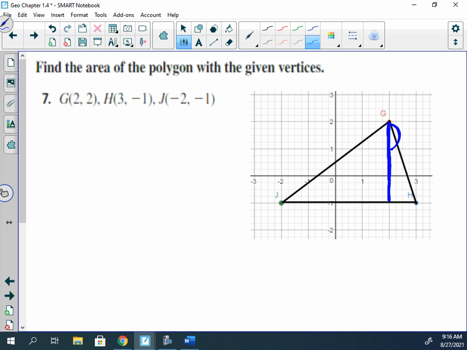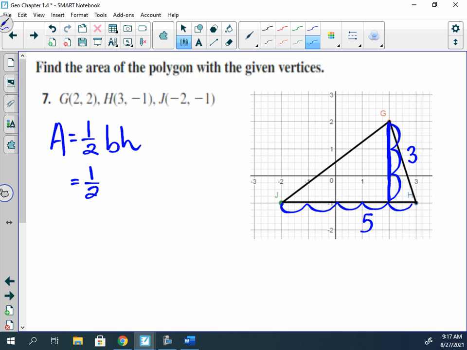We have a distance of 1, 2, 3. Over here we have a distance of 1, 2, 3, 4, 5. So the base for this would be 5, and the height is 3.